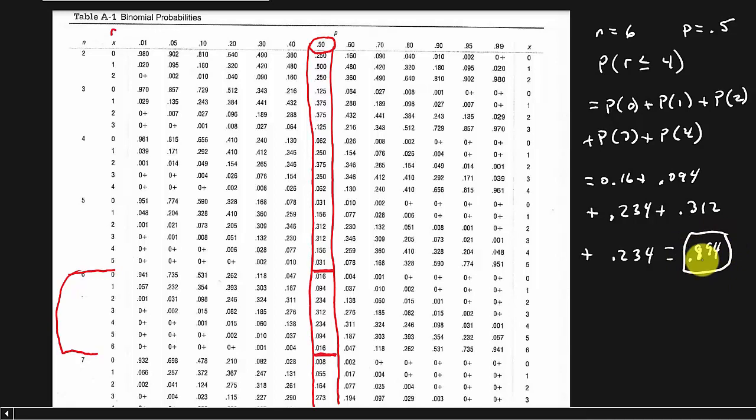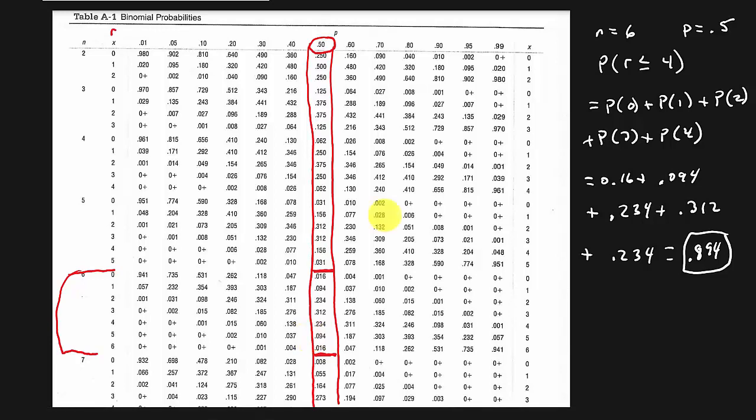That's all there is to it. So that's the benefit of using a table. It's a lot quicker. You don't have to punch everything into that formula. You just look up the numbers you want.